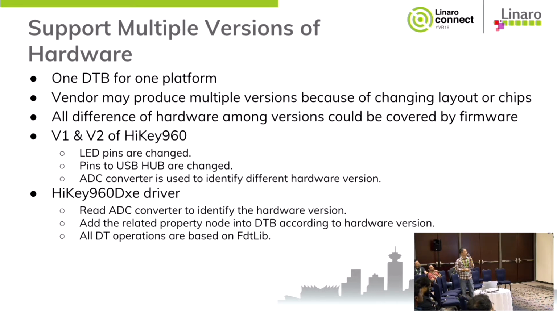The GPIO pins to the LED are different, and the GPIO pins to the USB hub are also different. Because we want to distinguish the two different hardwares, the ADC converter is added. The ADC converter is linked to the version resistor. We can read the value and identify which hardware version we are using.